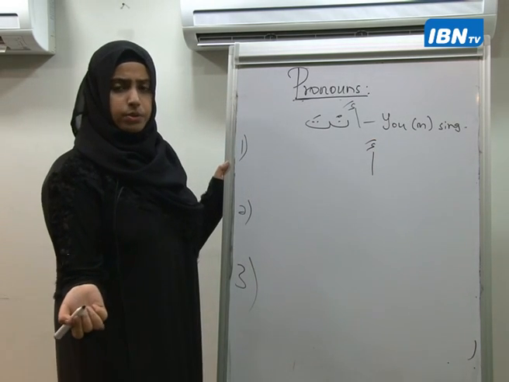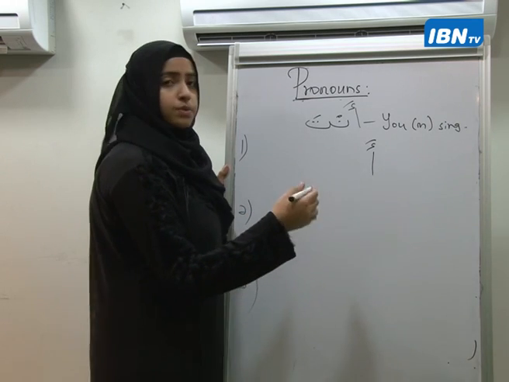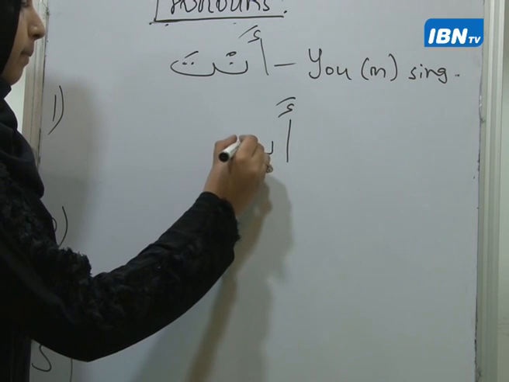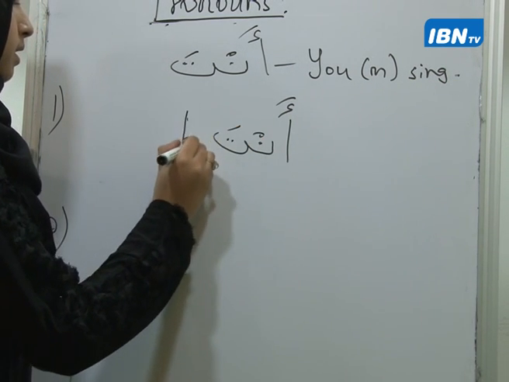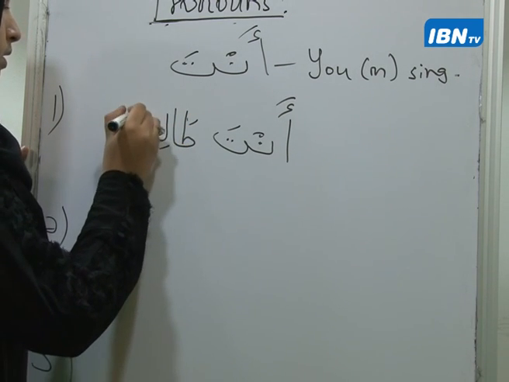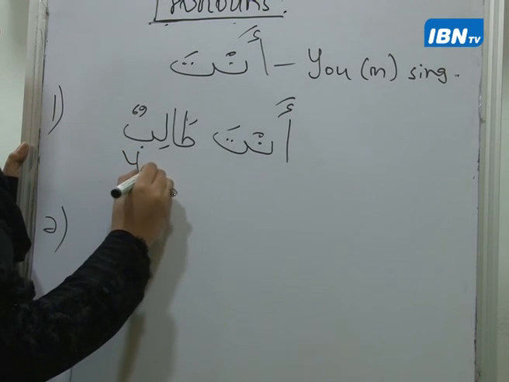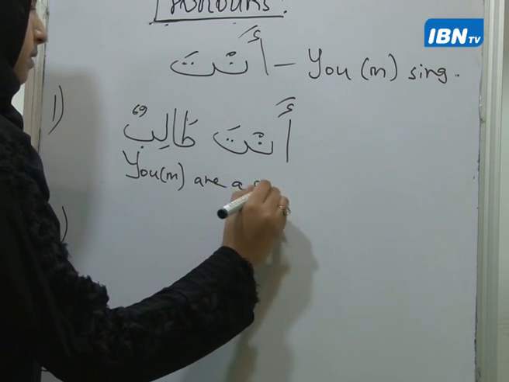Will I say twalibatun? No. Why won't I say twalibatun? Because twalibatun is for female. So I'll say Anta twalibun. Anta twalibun means you male are a student.